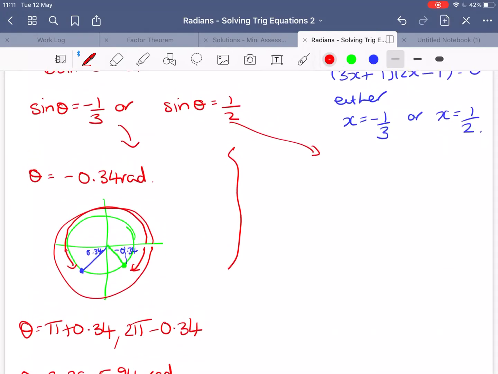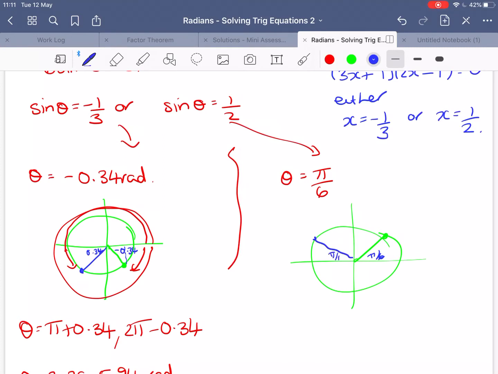Right, now I need to do sine theta equals a half. If I do inverse sine of a half, I end up with pi over 6, because it's one of these exact values that we have. Again, using my unit circle, I've got my pi over 6 here. Where else is it the same? It's the same up over here because it's the height that's the sine.